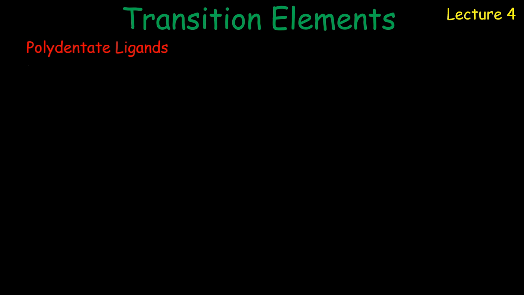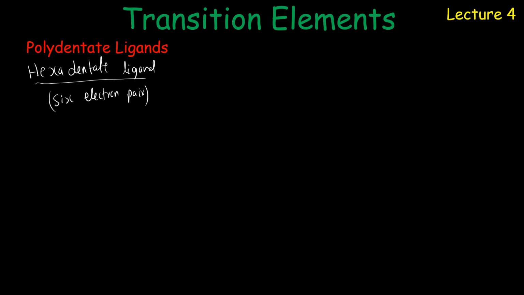Here we discuss hexadentate ligand. Hexadentate ligand means the ligand that donates 6 electron pairs, which can be donated by a single ligand, and that is called hexadentate, also named polydentate ligand.